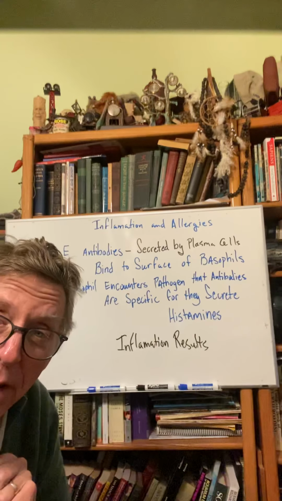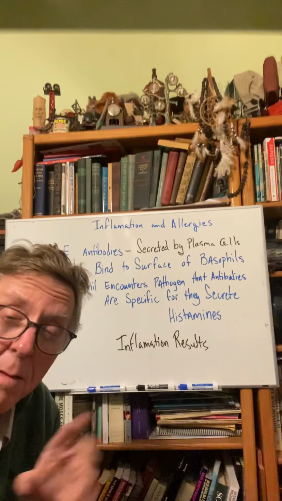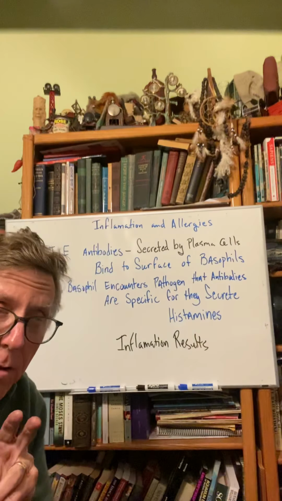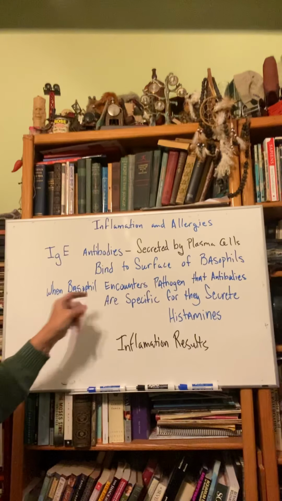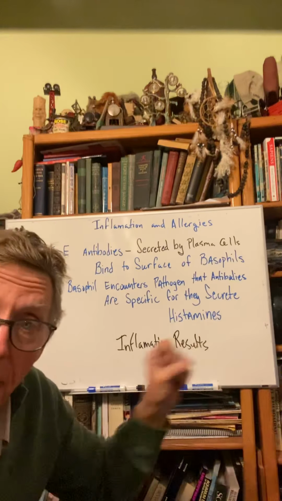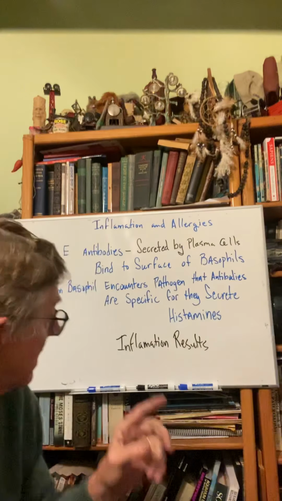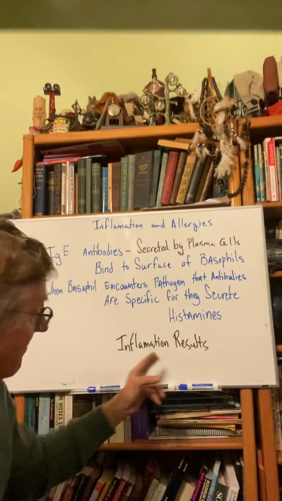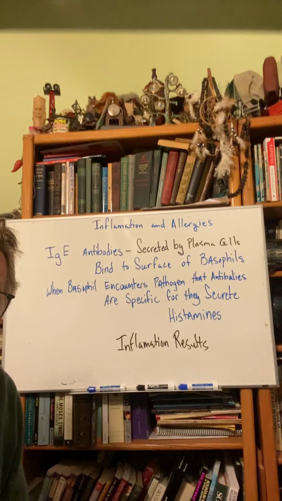It has the antibodies sticking out. Well, that's the way the basophil does. It binds to the surface of the basophil, and then when the basophil encounters the pathogen that the antibody is specific for, it's going to secrete histamines, and we're going to have an inflammation response.